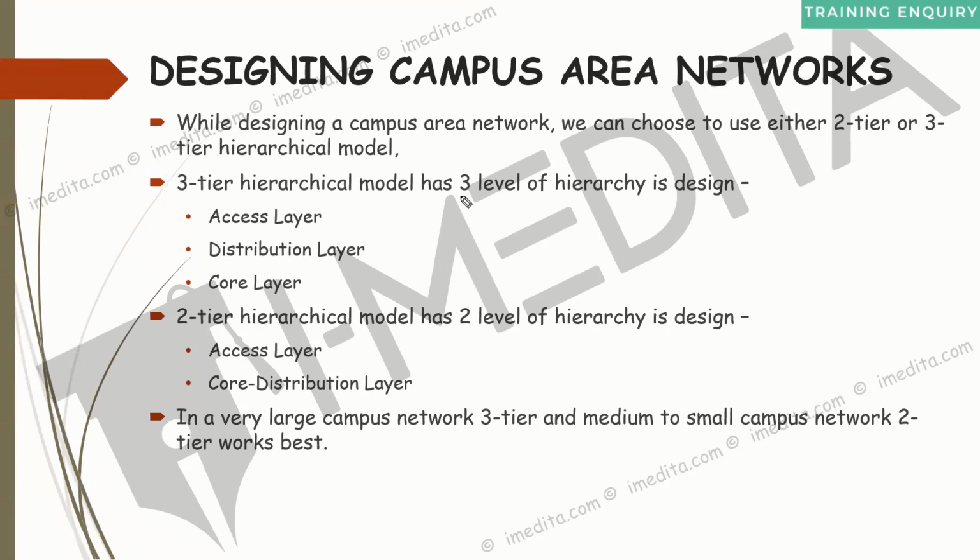When it comes to the 3-tier hierarchical model, there are 3 layers in the hierarchy. One is called the access layer, one is called the distribution layer, and one is called the core layer. But when it comes to the 2-tier hierarchical model, it has only 2 levels of hierarchy in the design. One is the access layer, and the second one is the core distribution layer.